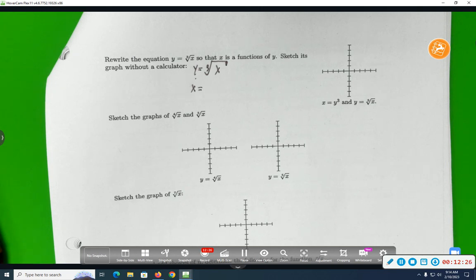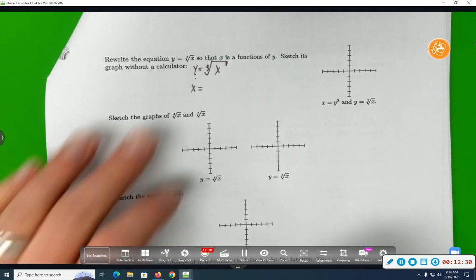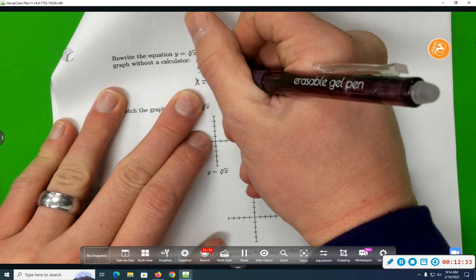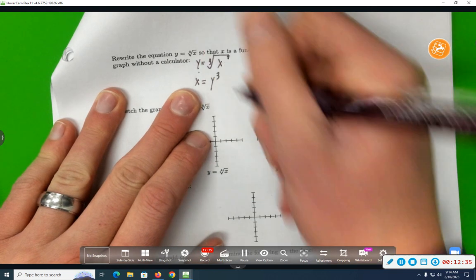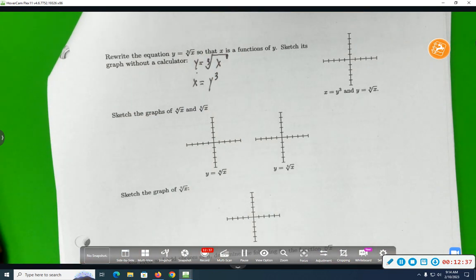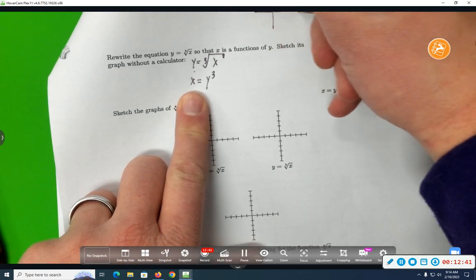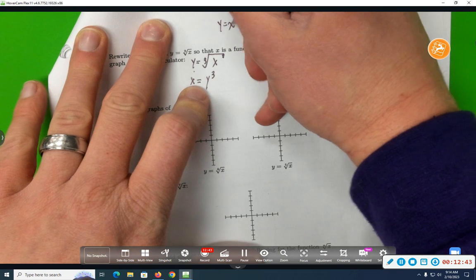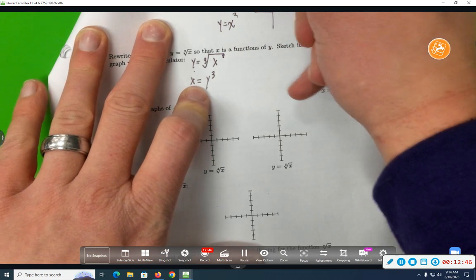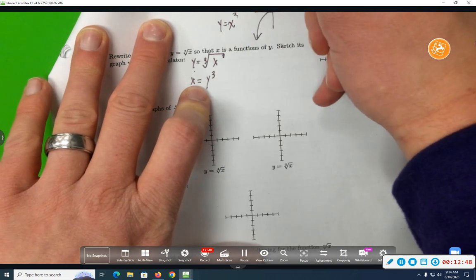Or you could just cube both sides, right? Let's do that. So you get x equal to y cubed if you solved it for x. Oh, nice. I know what the graph of y equals x cubed looks like. Something like that.